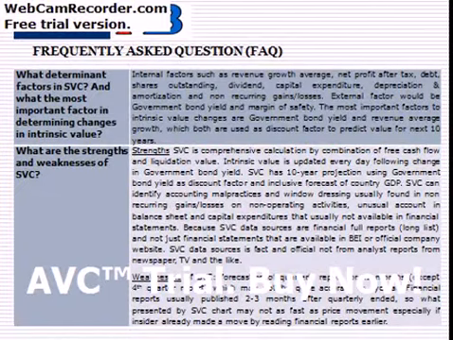So SVC also considers accounting tricks, window dressing, and malpractices. So here is the real and objective calculation based on the facts.